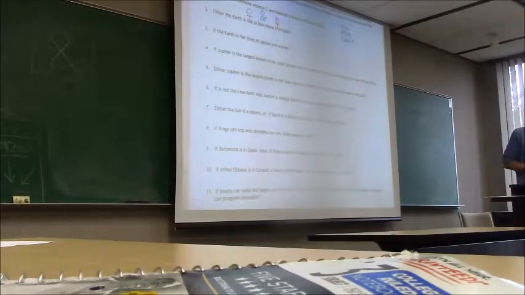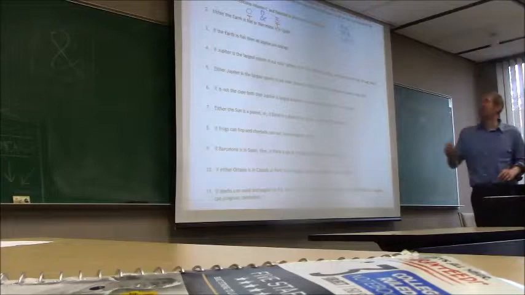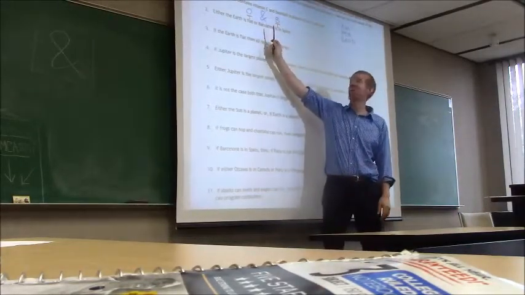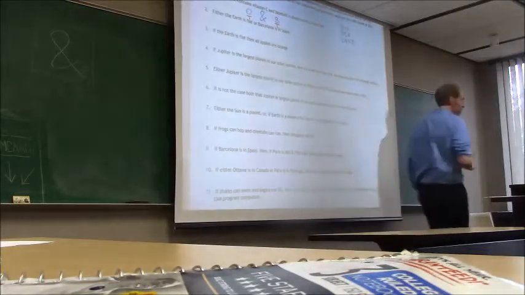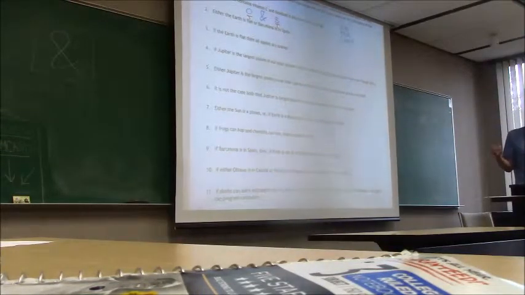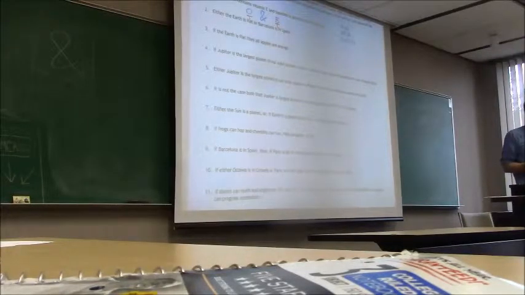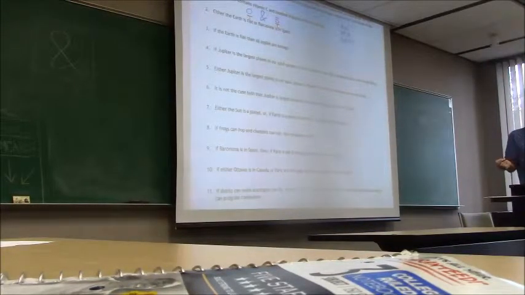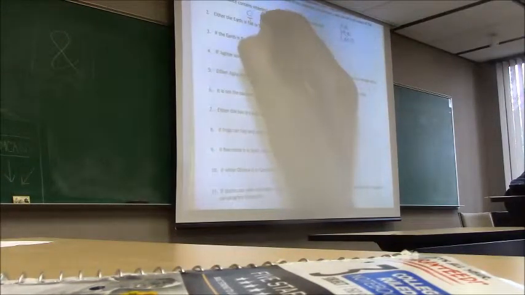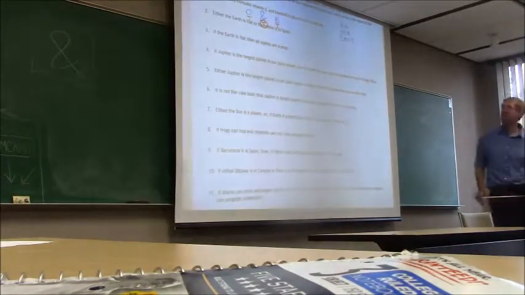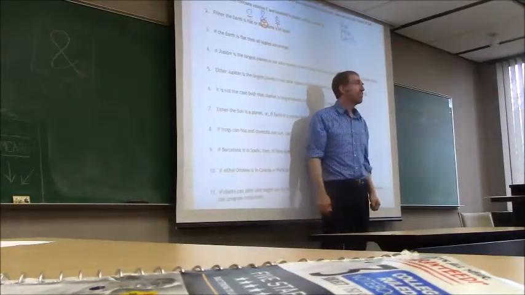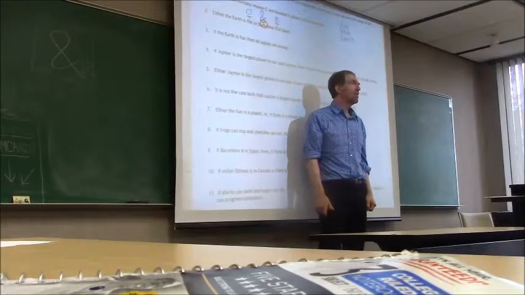Where do we write the true to represent the truth value of the whole thing? Answer, we write it under the ampersand. We write it under the main connective, and connective is just another word for logical symbol. And as there's only one, it must be the main one. So I write true there, and to make it clear that this is the truth value of the whole thing, I'm going to circle it. Okay? That's how we do it.